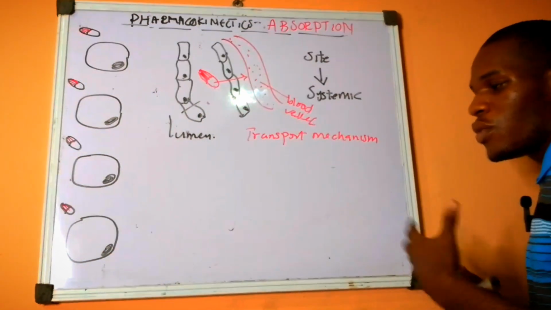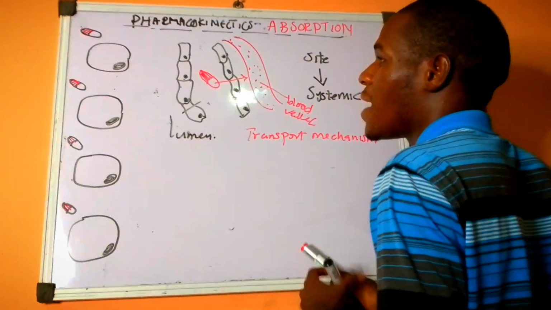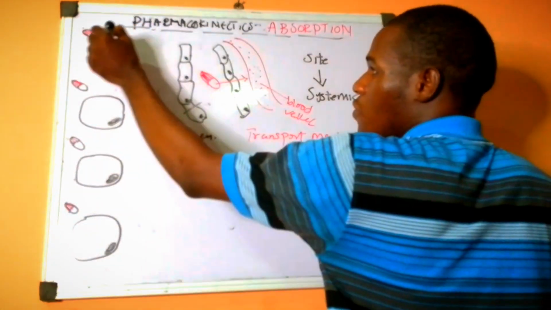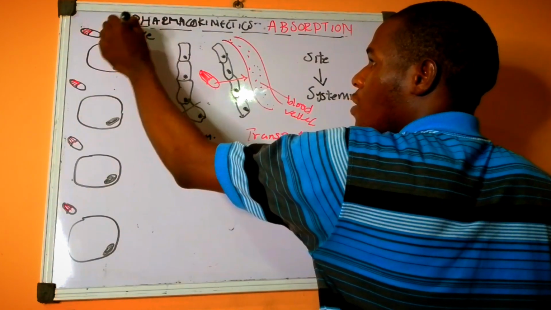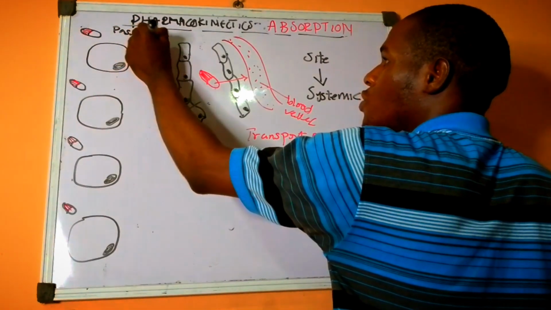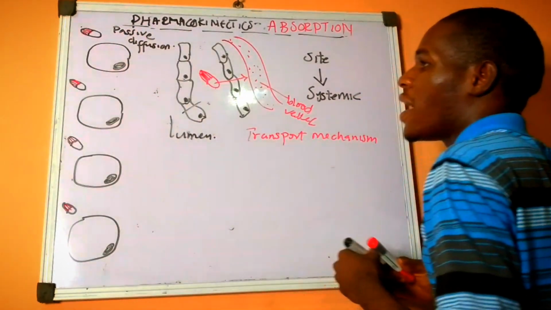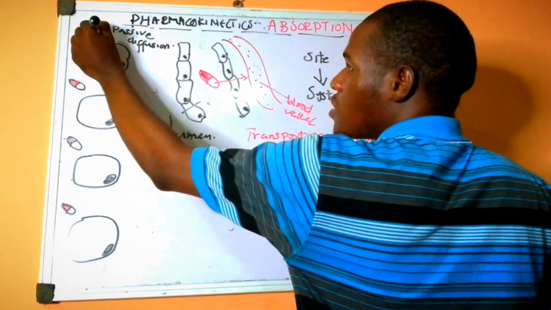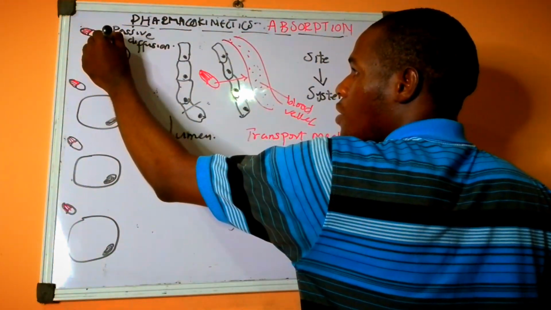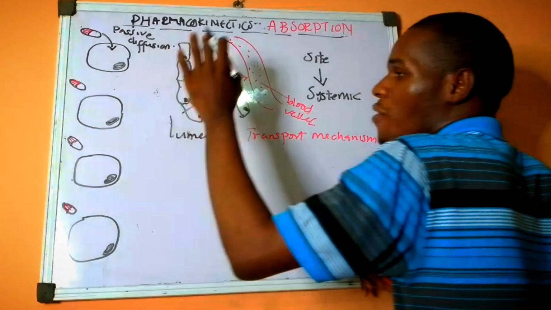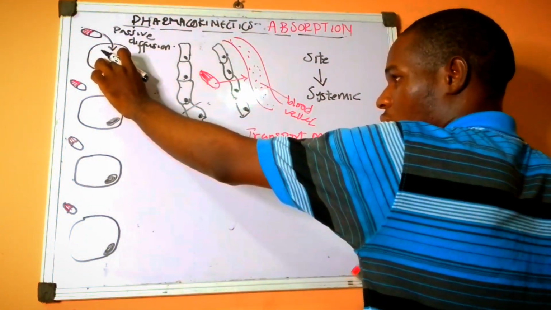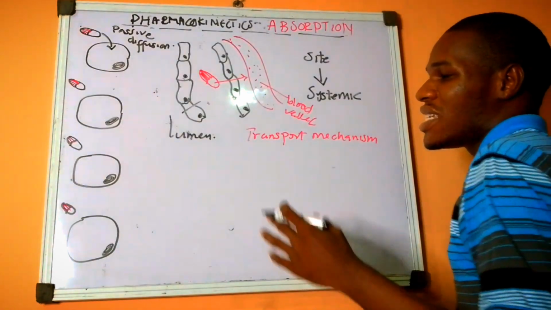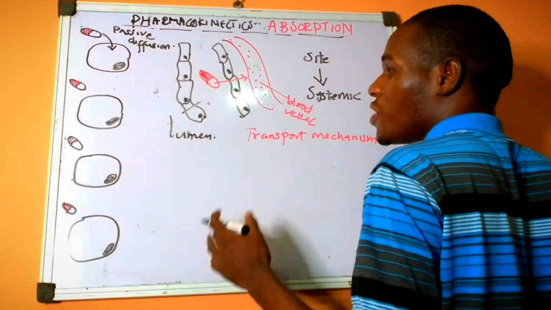The first one we commonly know is passive diffusion. So for this first cell here, we have passive diffusion, whereby a drug diffuses into the lipid bilayer passively from a region of higher concentration to a region of lower concentration, across its diffusion or concentration gradient.